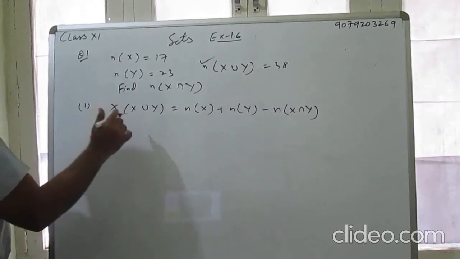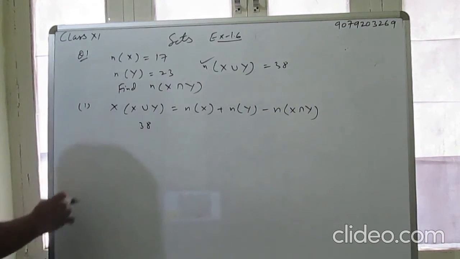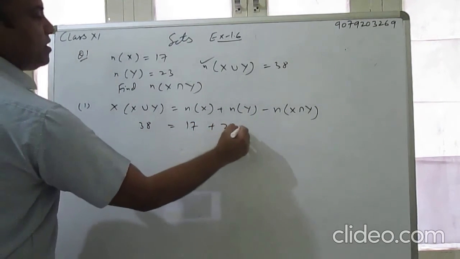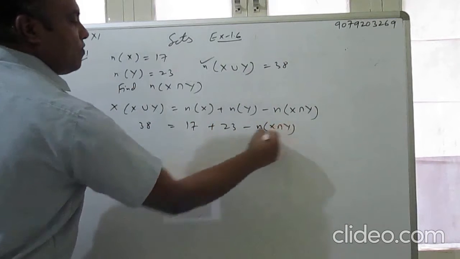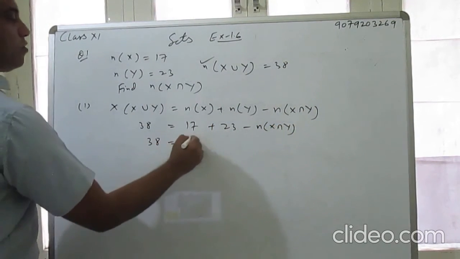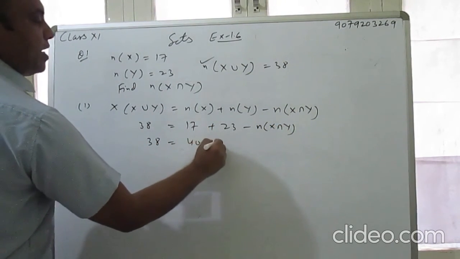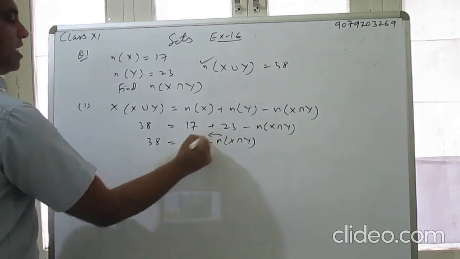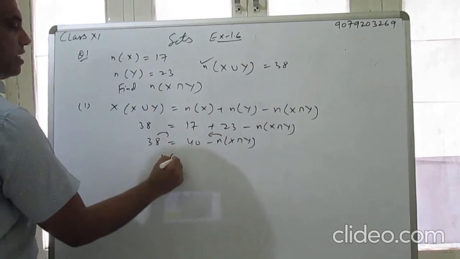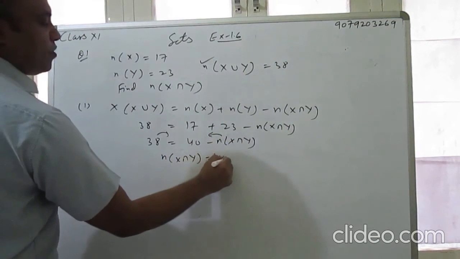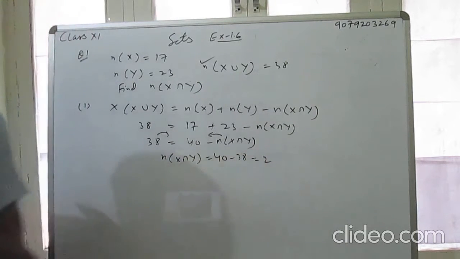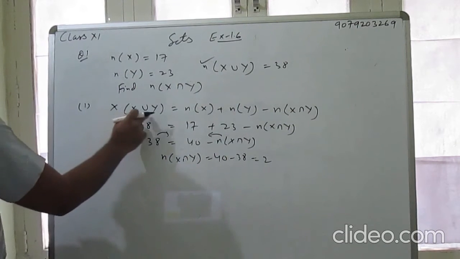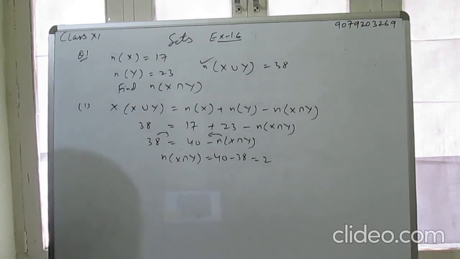So putting the values, n(X union Y) is 38, n(X) is 17, n(Y) is 23, so 38 is equal to 40 minus n(X intersection Y). So transpose it, इसको इधर ले आइए और इसको इधर ले जाइए, and n(X intersection Y) is equal to 40 minus 38 is equal to 2.